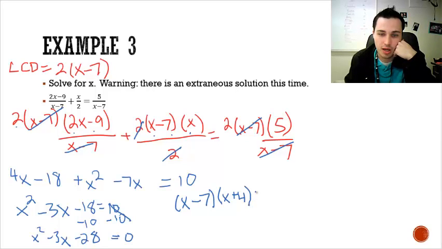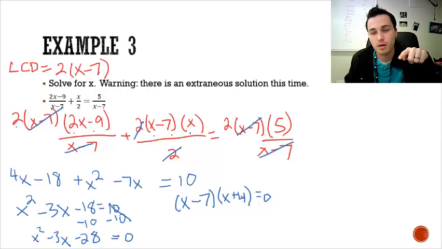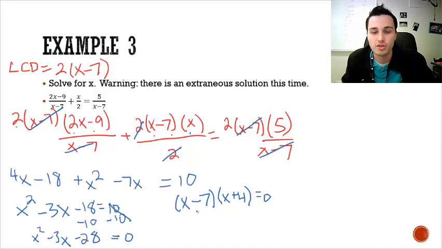Once again, we double check to make sure that negative 7 times 4 is negative 28, so it multiplies correctly. Negative 7 plus 4 is negative 3, so it adds correctly. Those are my two numbers, which give me those two factors, from which the solutions are x equals 7 and x equals negative 4. Just switch the signs on those. So those are the answers.